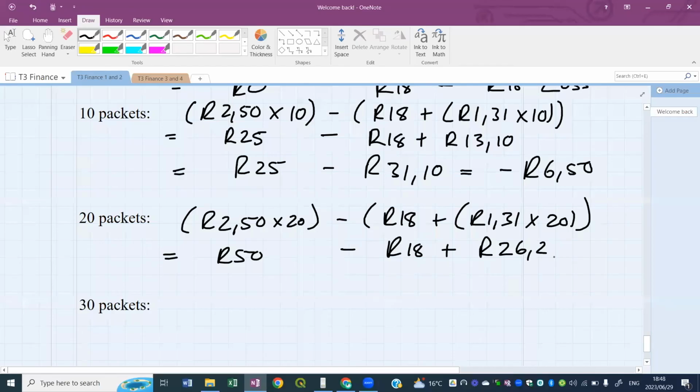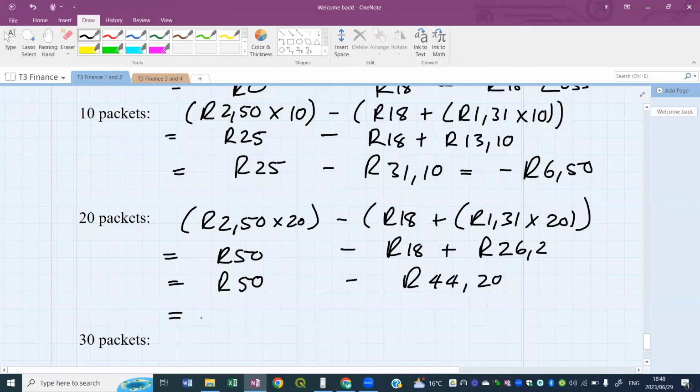Let's check. All right. So this, let me just write this again. Hold on, stay with me. Let me just make space here. I'm just writing down everything you're telling me. So it's 50 Rand minus, and you said 44,2. All right. Equals 5,8. Positive 5,8.